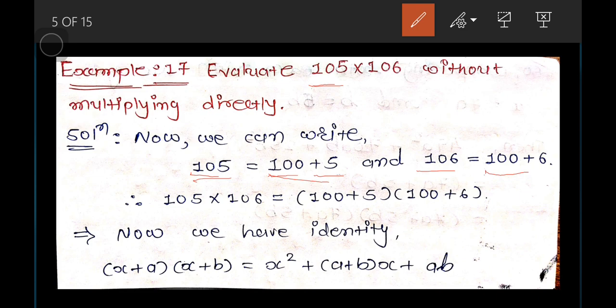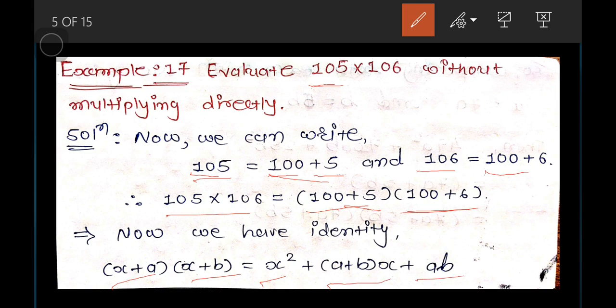So now the product of 105 and 106 is given as, in brackets, 100 plus 5 into 100 plus 6. Now you can see that this product is similar to one identity, as we know that we have the identity x plus a, x plus b is equal to x square plus (a plus b)x plus ab.